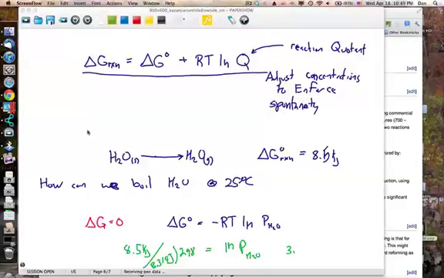That says that 3.43 is equal to the natural log of the partial pressure of water, and then we can raise e to the negative 3.43, which will equal the partial pressure of H2O, which would have to be the minimum pressure that it would have to reach.